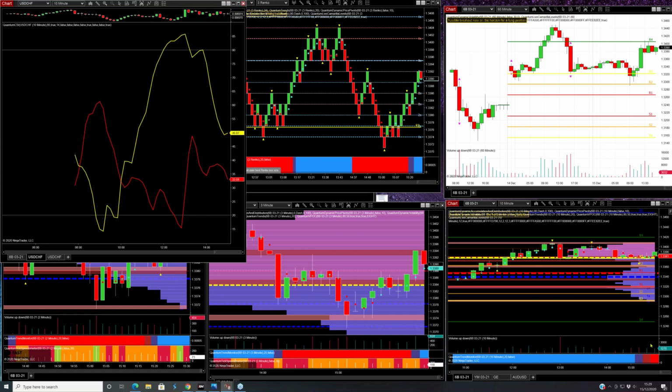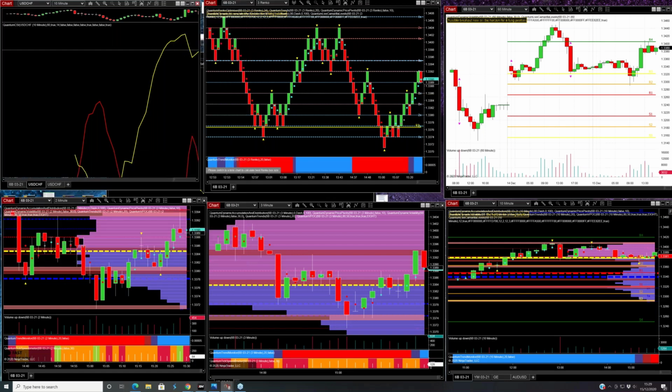So that's using volume, not just with price action, but using it as support and resistance as well. As I said, I'm going to keep an eye on the British pound, and of course on the 6B.